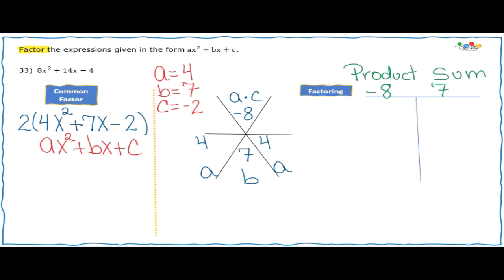Now just remember, if the answer that I'm looking for is a negative number, then one of the factors needs to be negative. So let me start with negative 1 times 8, and yes, I get a negative 8.